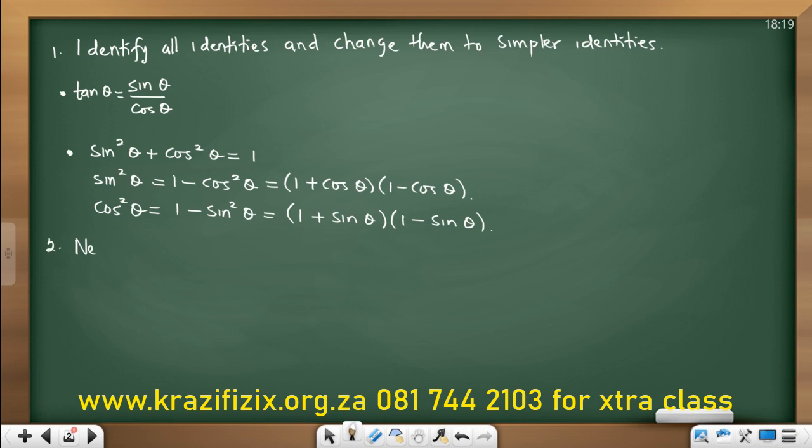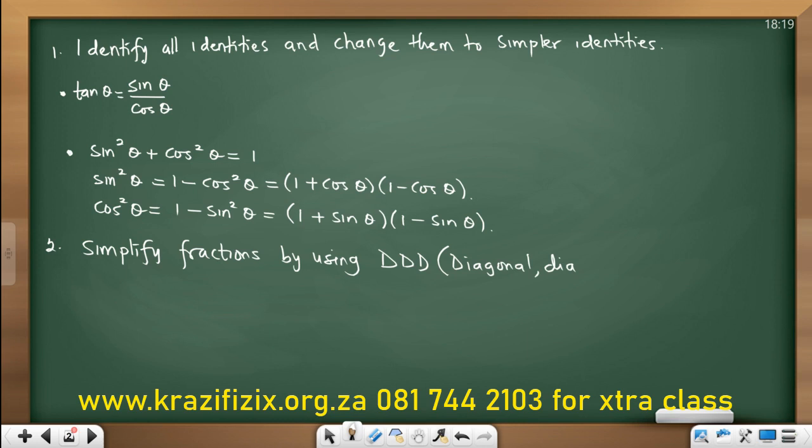Number 2 is simplify fractions by using, I call it the DDD principle. Diagonal is just a simpler way of dealing with fractions.